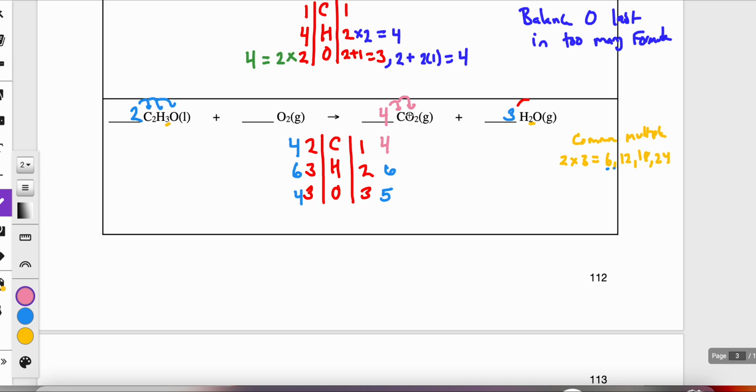It changes the carbon dioxide's oxygen count from 2 to 8 plus the 3 that are from here. So now my oxygen count goes from 5 to 7. So now I have 4 oxygens on the left and 7 on the right. And the only place I can put a coefficient is in front of the O2.